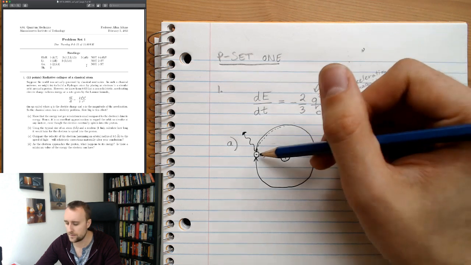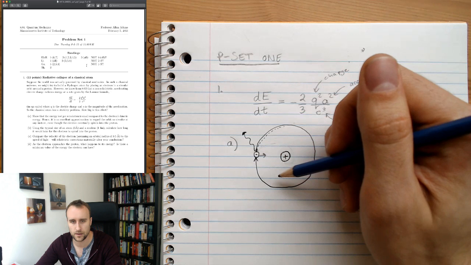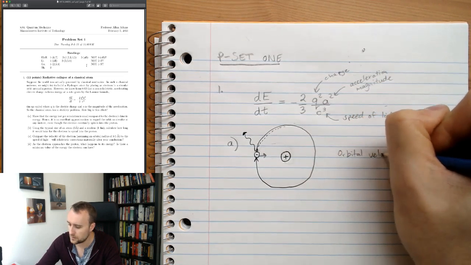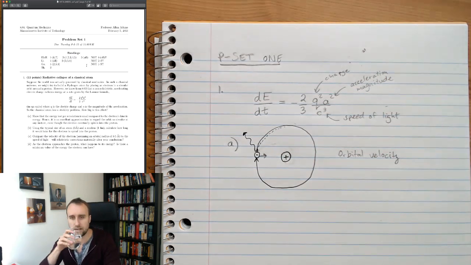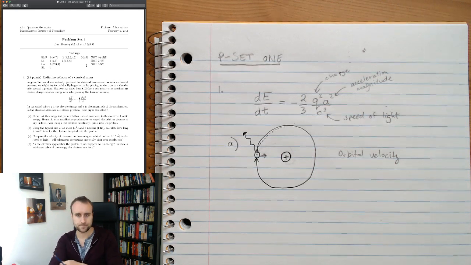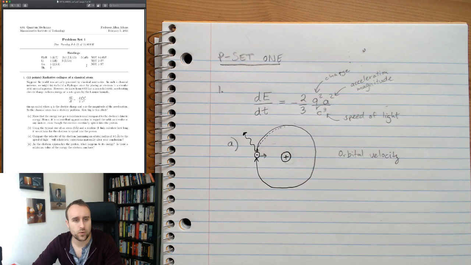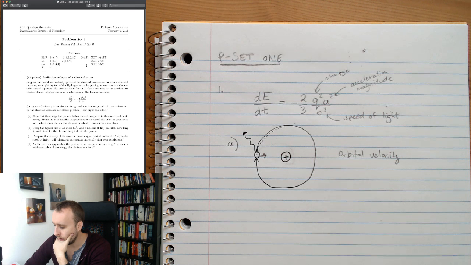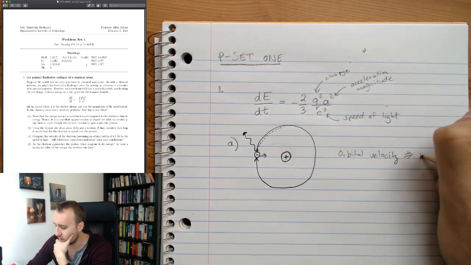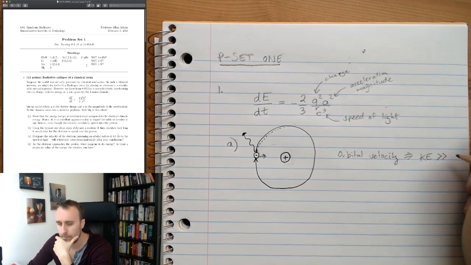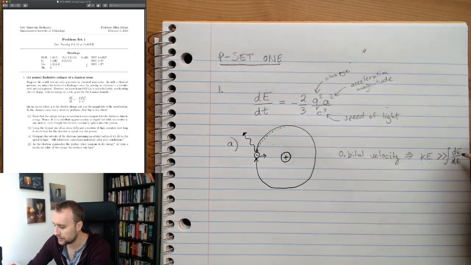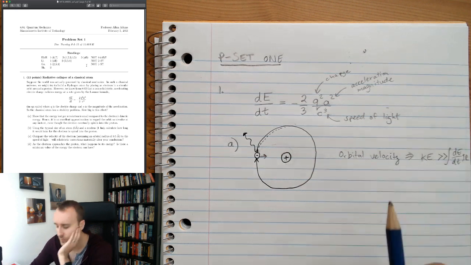And so I guess what we're trying to say is that at the speed it needs to maintain a circular orbit, so basically the orbital velocity of the electron, this orbital velocity corresponds to a kinetic energy which is much greater than this dE/dt integrated over one revolution. This is what we're trying to say.